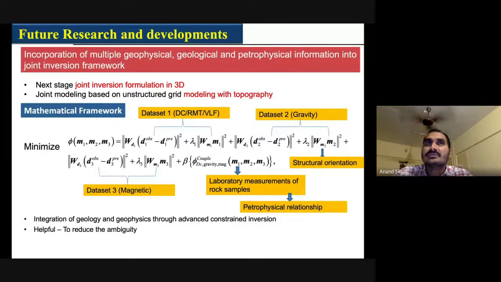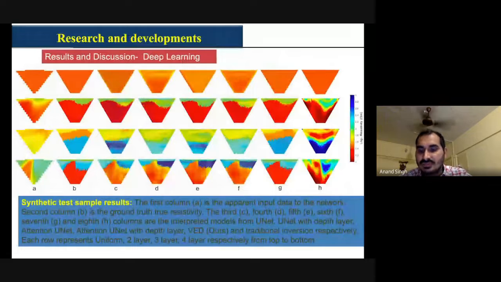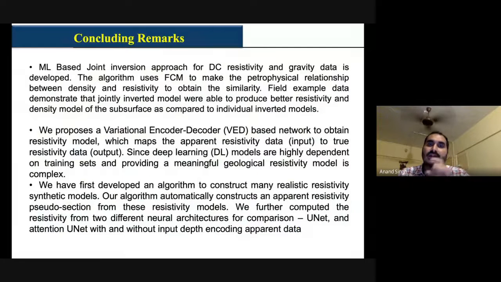Deep learning is AI based approaches only, but these are showing very promising results. With this I can confidently say that we have utilized the field data as well. For that we got very good quality. So it is showing some promising results, but still we have to work very hard to train more and more.